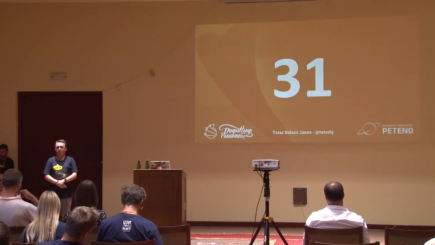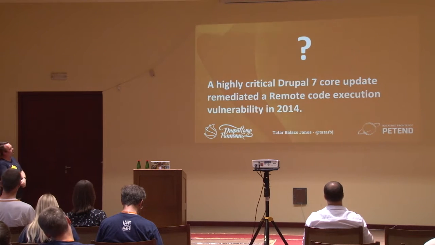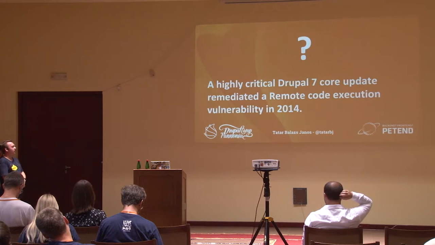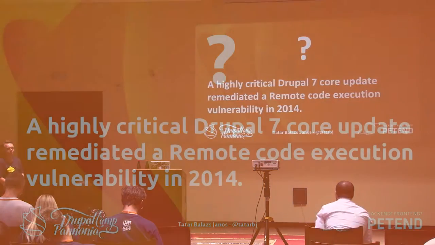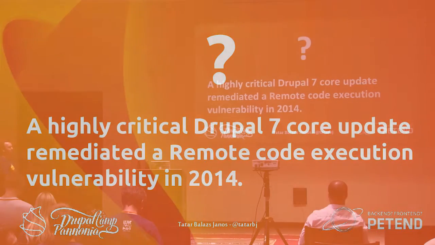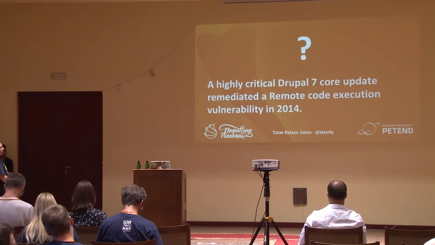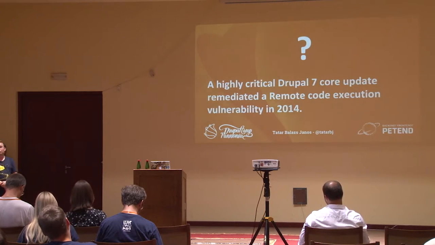I'm going further. A highly critical Drupal 7 core update remediated a remote code execution vulnerability back in 2014. Correct? Again, a highly critical Drupal 7 core update remediated a remote code execution vulnerability back in 2014.